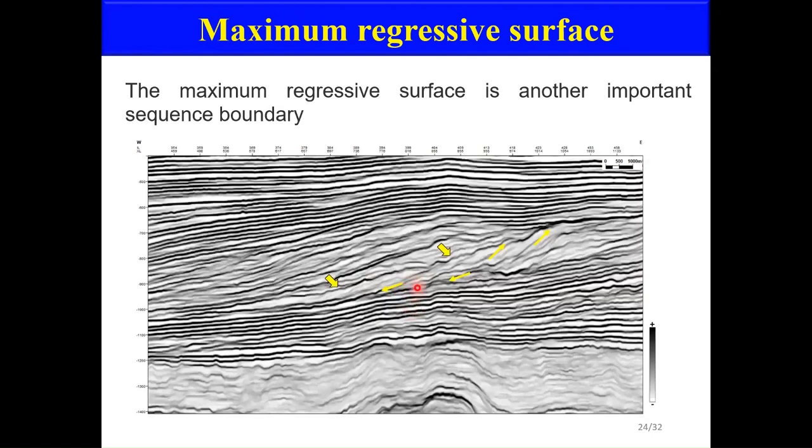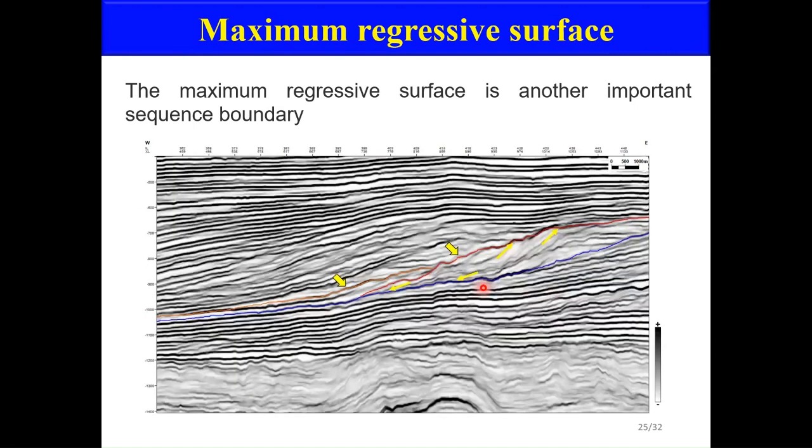So we can notice that the seismic sequence boundary attributes can also clearly highlight the maximum regression surface indicated by the yellow arrows. So here is one more example, and one more example.